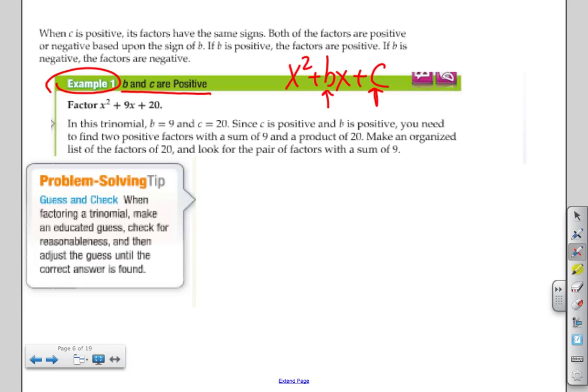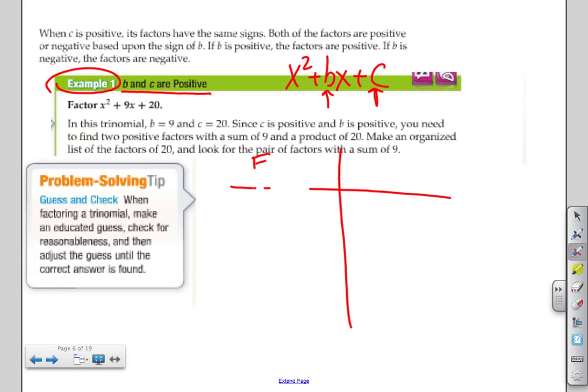To solve this, the first thing we're going to do is think of two integers. We're looking for two integers that have a product of 20, excuse me, not a sum of 20.